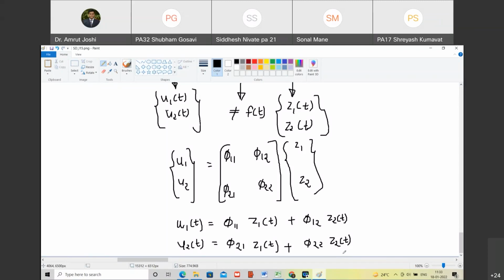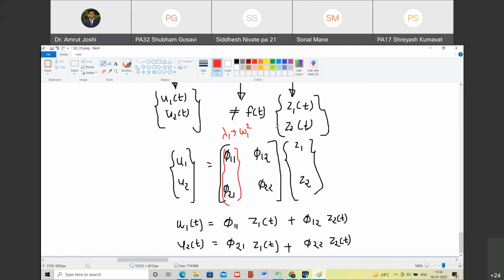Okay. Now, can you tell me what phi 11 and phi 21 are? What are these two? Can you tell me? This is the eigenvector corresponding to the lowest eigenvalue. Do you agree with me? So if I call the eigenvalue lambda 1, which is omega 1 squared, are you with me? Yes, sir.